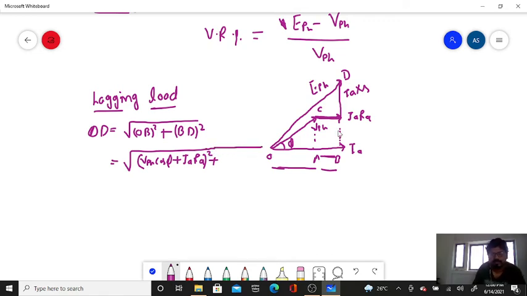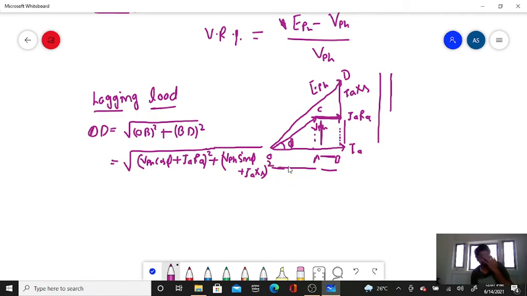BD means this complete length. This length we know is IA Xs, plus this one, which will be the same as this one. From the small triangle we can write it as VPH sin phi plus IA Xs, all square. Clear?